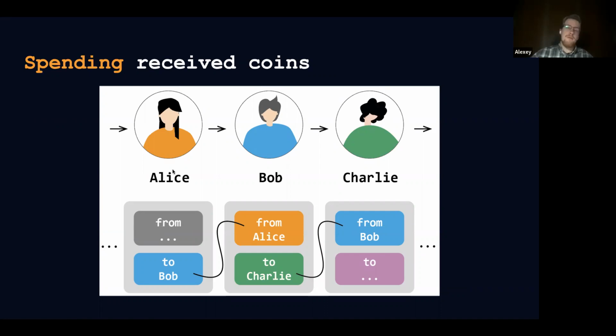So we have a chain of transactions in the real world. So here is the real world level and the blockchain level. Alice wants to send some amount of bitcoins to Bob, and Bob wants to send them to Charlie. What is happening on the chain level? So Alice has never received this coin from thin air.